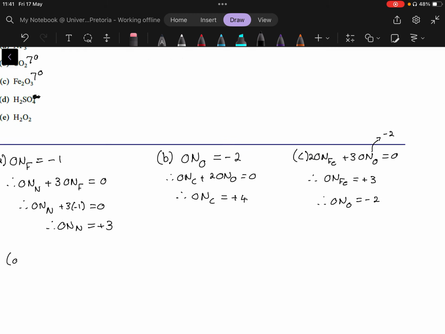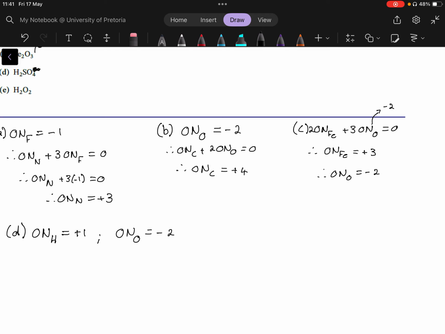H2SO4. The oxidation number of hydrogen is always +1. The oxidation number of oxygen is always -2, except in peroxides. And so it means that 2 times the oxidation number of hydrogen plus the oxidation number of sulfur plus 4 times the oxidation number of oxygen needs to be 0.